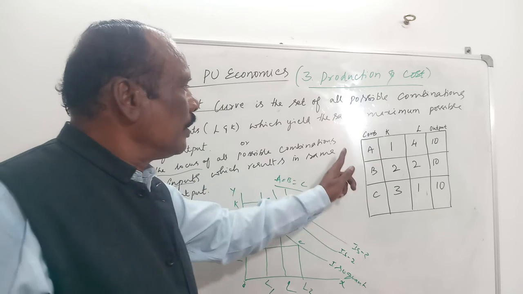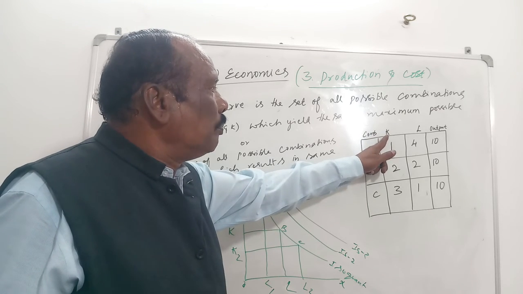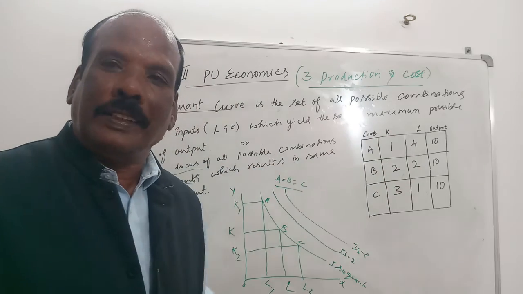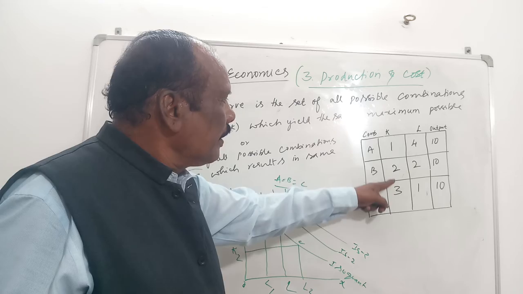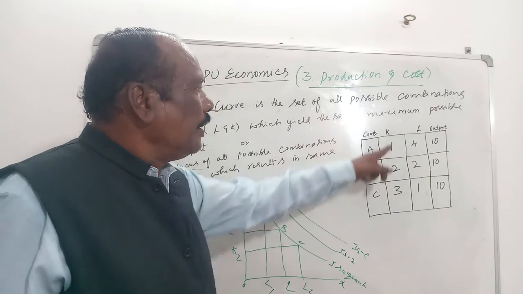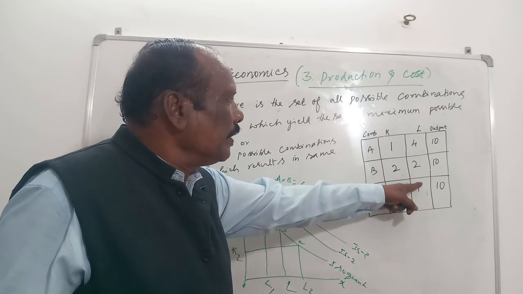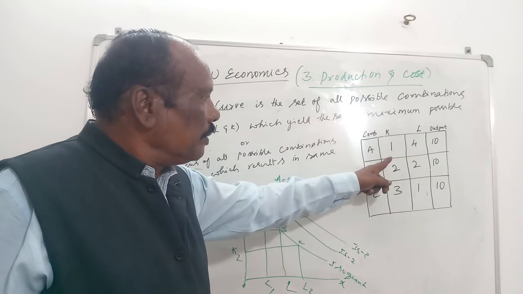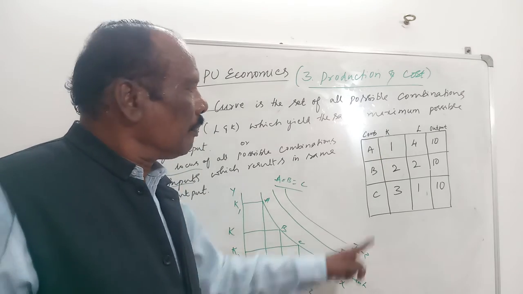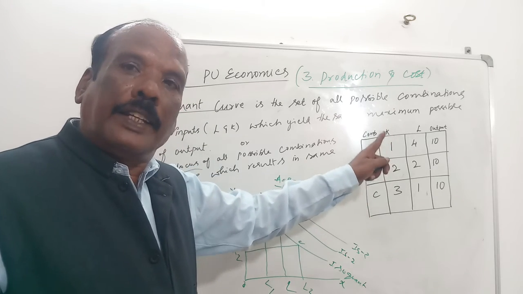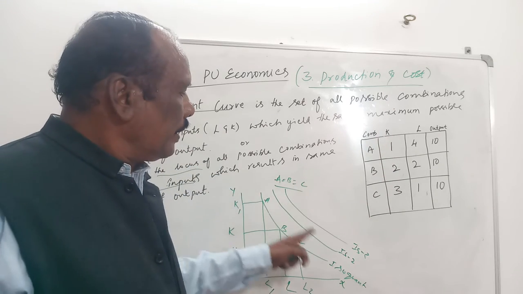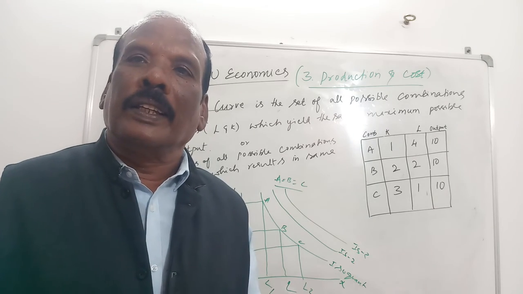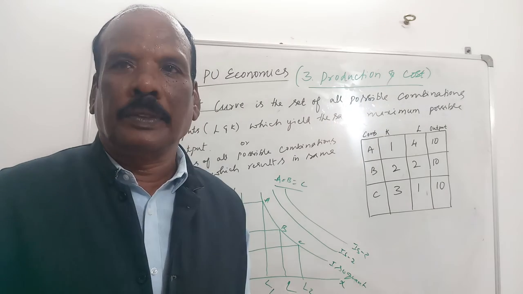As we increase one input, you have to reduce the other input. You go on increasing capital, then you are reducing the labor. And that is why we call the isoquant curve downward sloping, right?